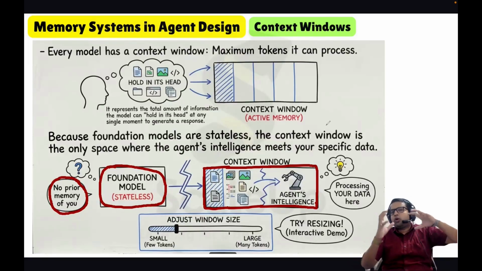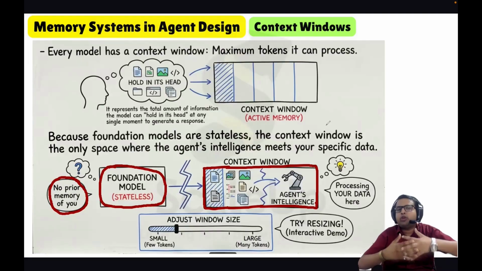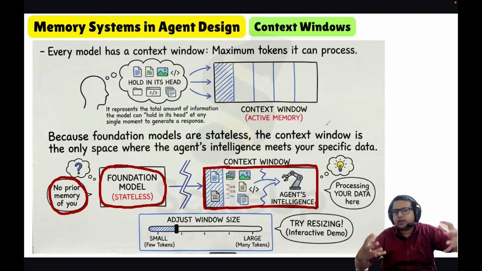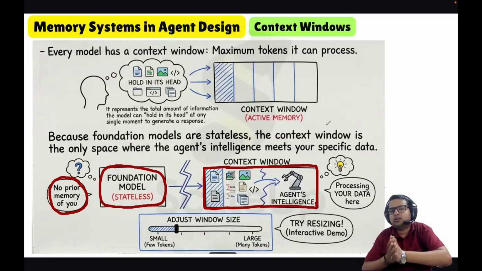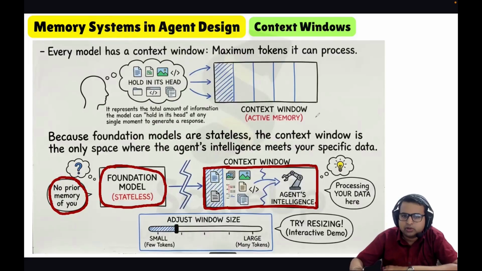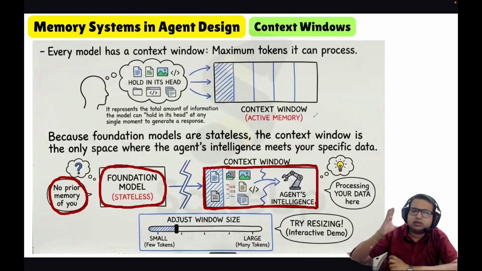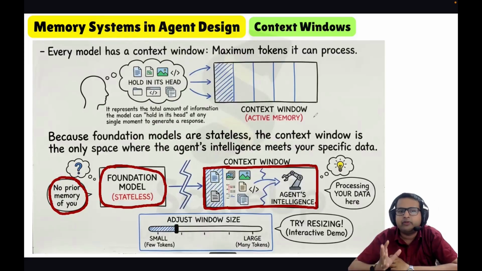The context window is the active memory, the stuff which the large language model will consider and process while generating the response. And in the context window, we can store whatever we want, like the input prompt, system prompt, some user preferences, some images, documents, links, anything you want to store, you can store.